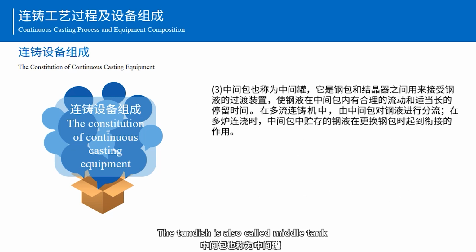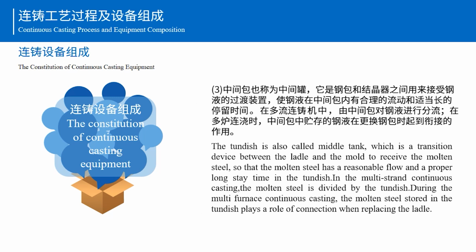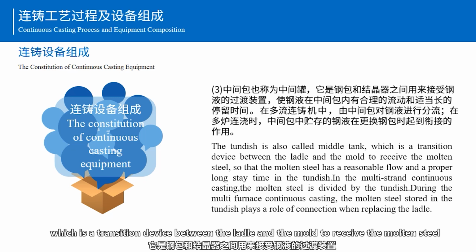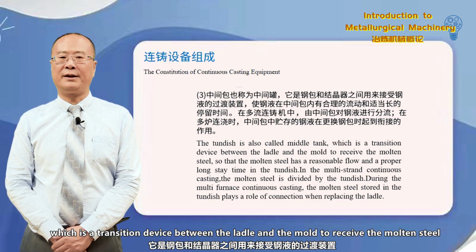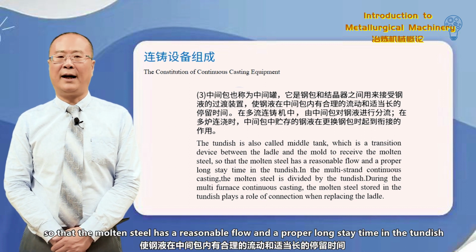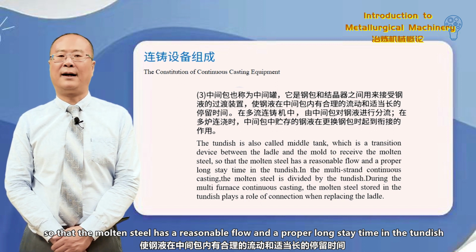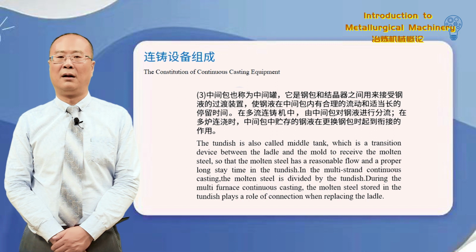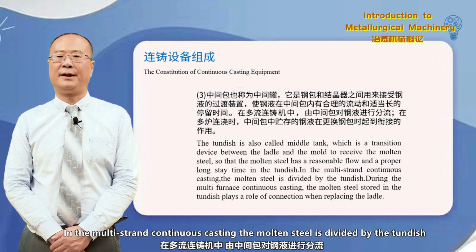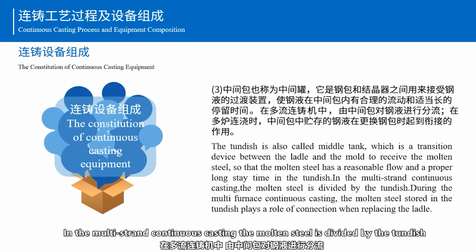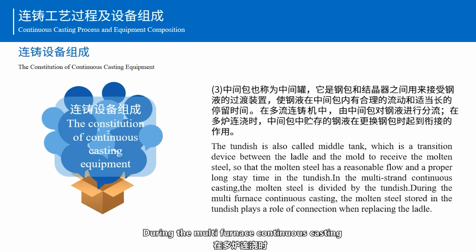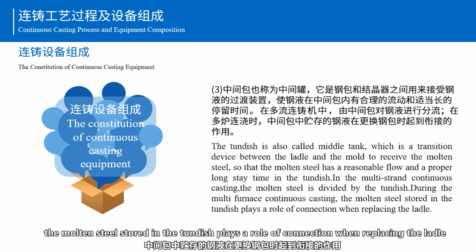The tundish is also called the metal tank, which is a transition device between the ladle and the mold to reseal the molten steel, so that the molten steel has a reasonable flow and a proper residence time in the tundish. In multi-strand continuous casting, the molten steel is divided by the tundish. During multi-furnace continuous casting, the molten steel stored in the tundish plays a role of connection when replacing the ladle.